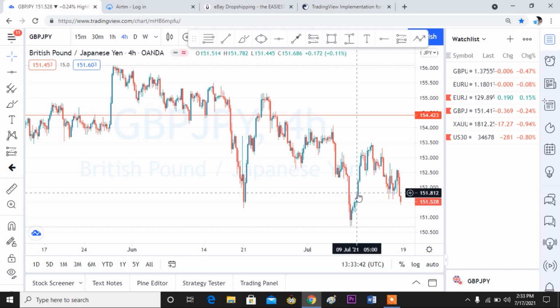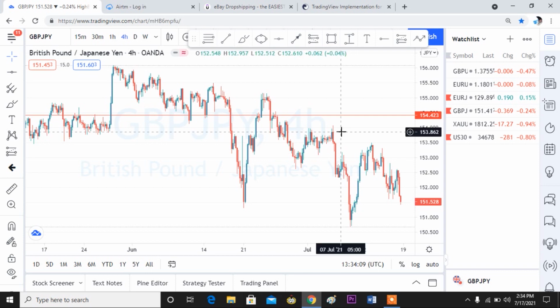So for you to identify your whole number, ask yourself which is the closest whole number to 151.528? We have 152, which is close to 151.528. We also have 151.